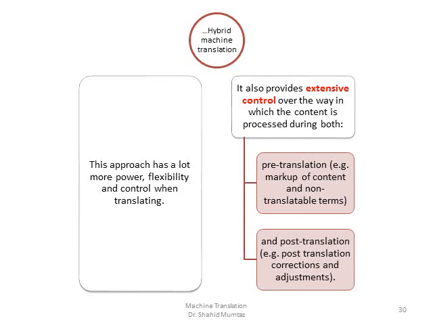It also provides extensive control over the way in which the content is processed during both the pre-translation, for example markup of content and non-transferable terms, and post-translation, for example post-translation corrections and adjustments.